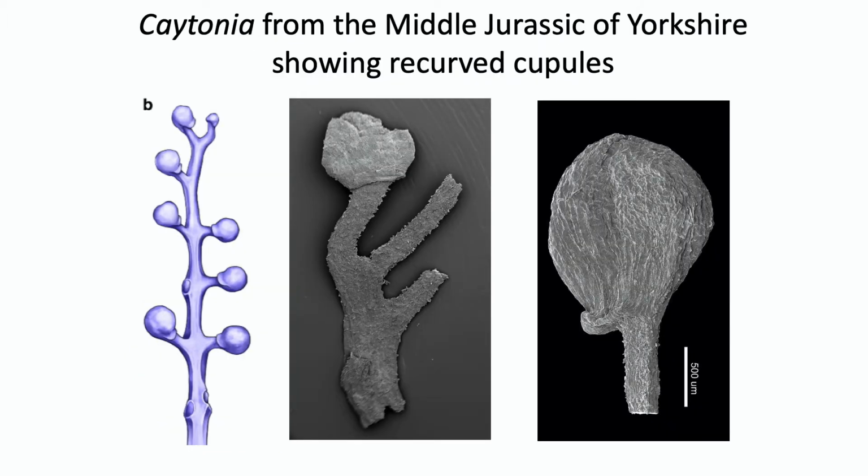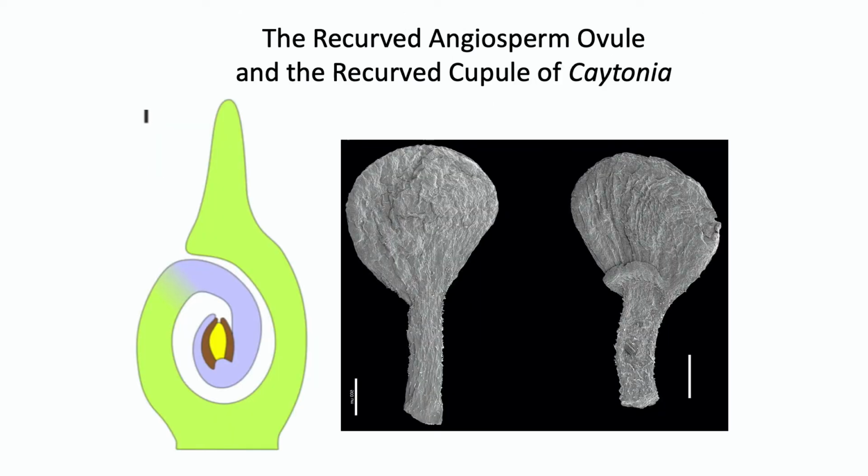For over 100 years, we've known that several groups of extinct plants from the Mesozoic, especially the Jurassic plant Caytonia, had their seeds enclosed inside recurved structures referred to as cupules. Originally, it was thought that the cupule might be homologous to the carpel wall, but over the last several decades, it's been thought much more likely that the cupule is actually homologous, fundamentally comparable, to the outer second integument of an angiosperm seed.